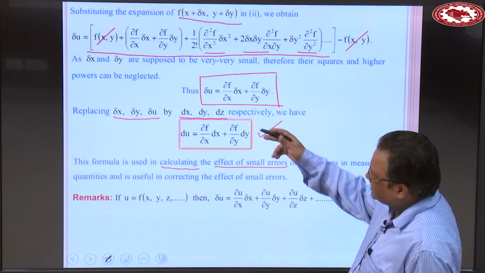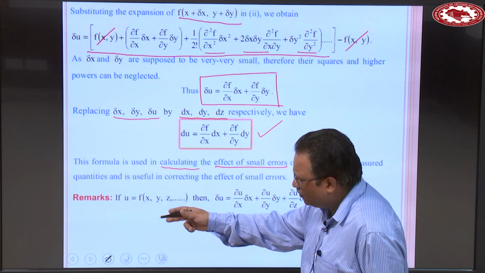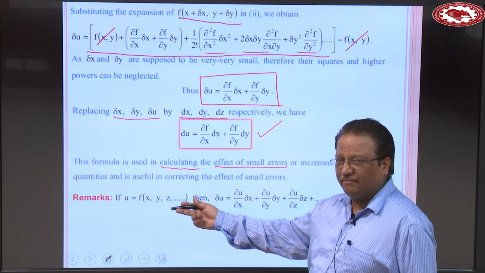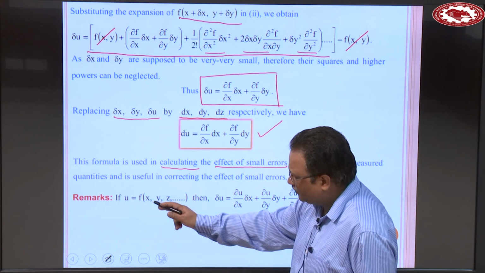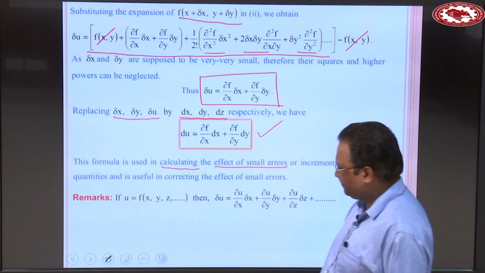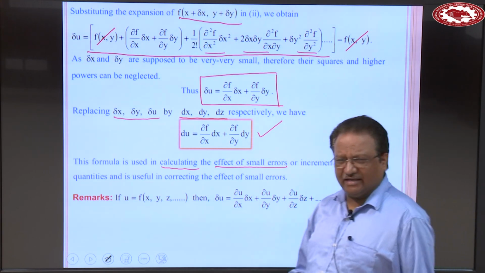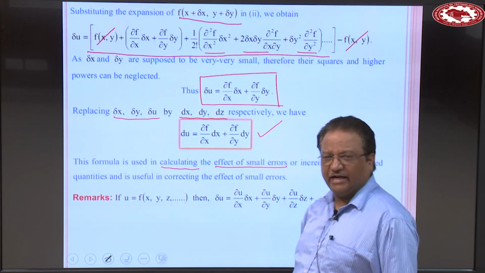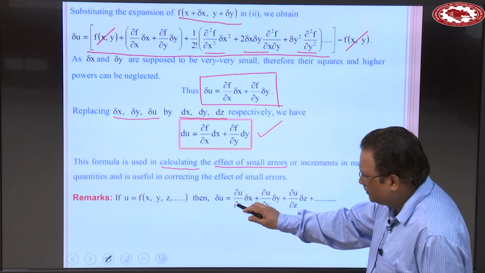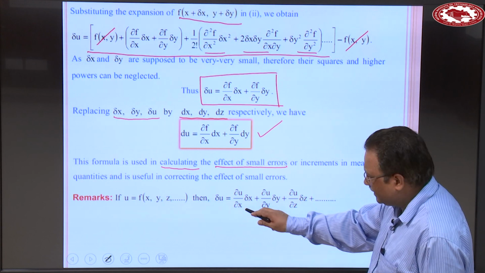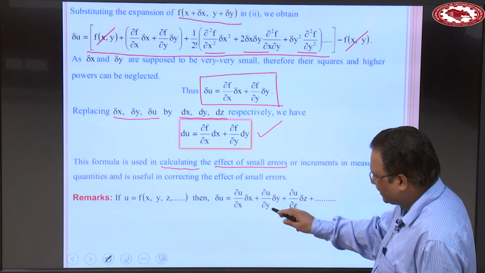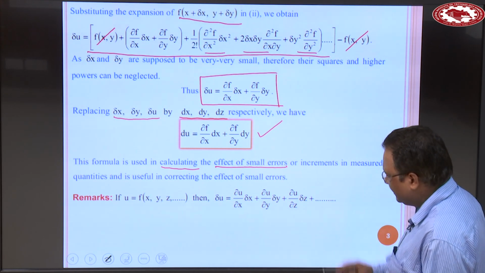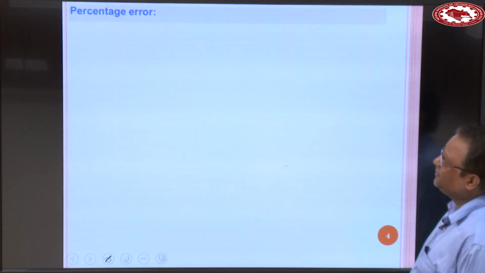And on the same line, if u is a function of more than two independent variables, suppose u is equal to a function of x, y, z, and there exists error in the values of x, y, z and so on, then delta u is equal to ∂u/∂x delta x plus ∂u/∂y delta y plus ∂u/∂z delta z. Okay.